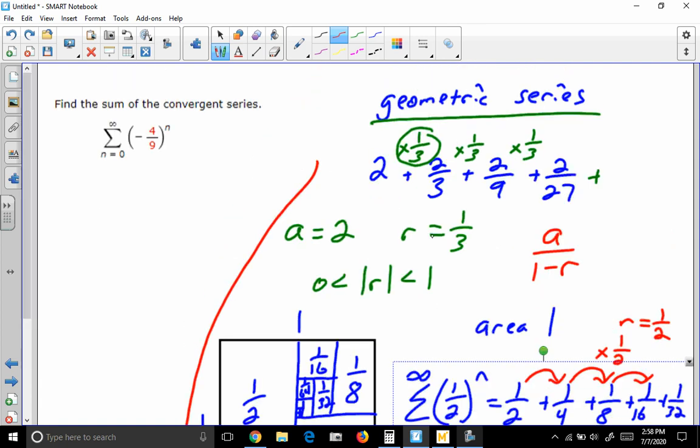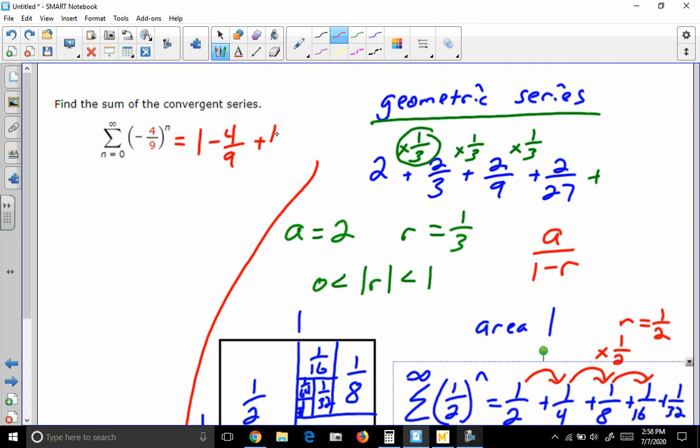So this down here was just another example. If we list some terms in this sequence, notice they let n start at 0, which is kind of normal for a geometric series. If we put a 0 in, anything to the 0 power is 1. Then if we put in a 1, we get minus 4 over 9.